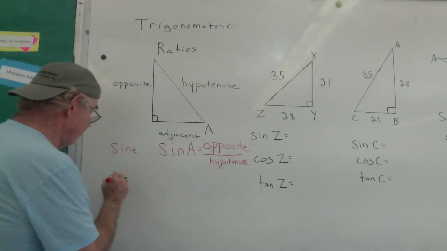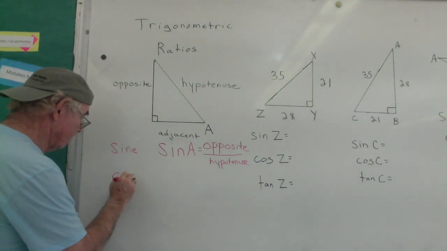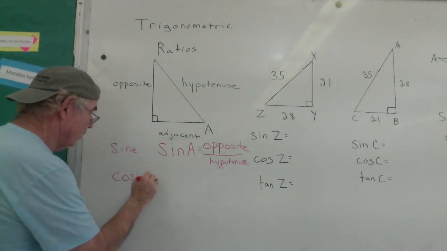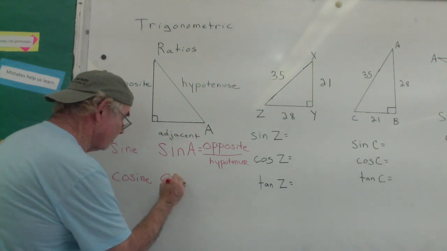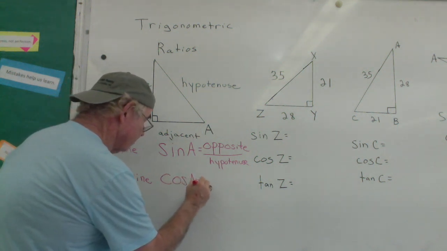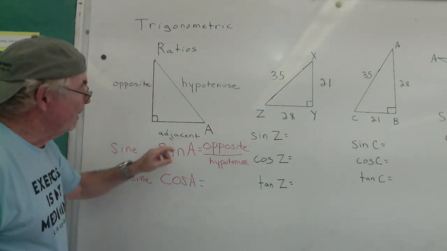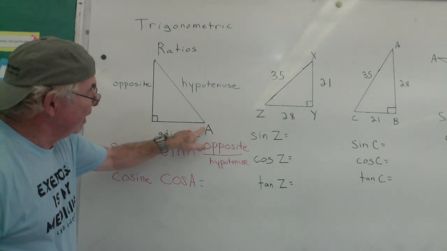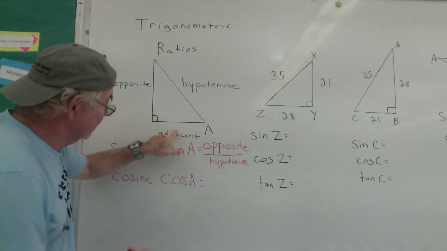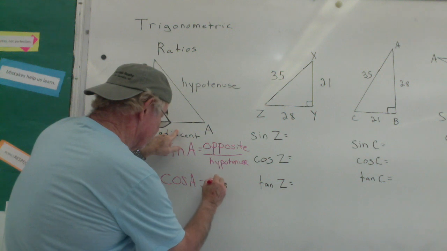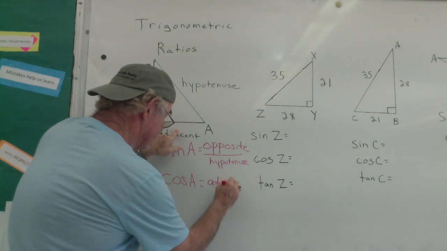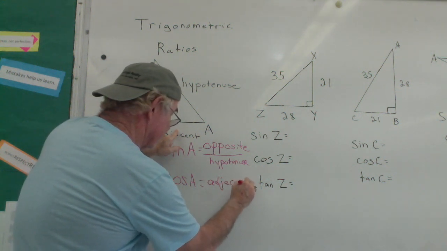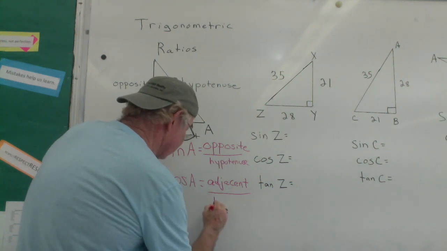The second one is what's called the cosine, which is COS. The cosine is defined to be the adjacent side divided by the hypotenuse.